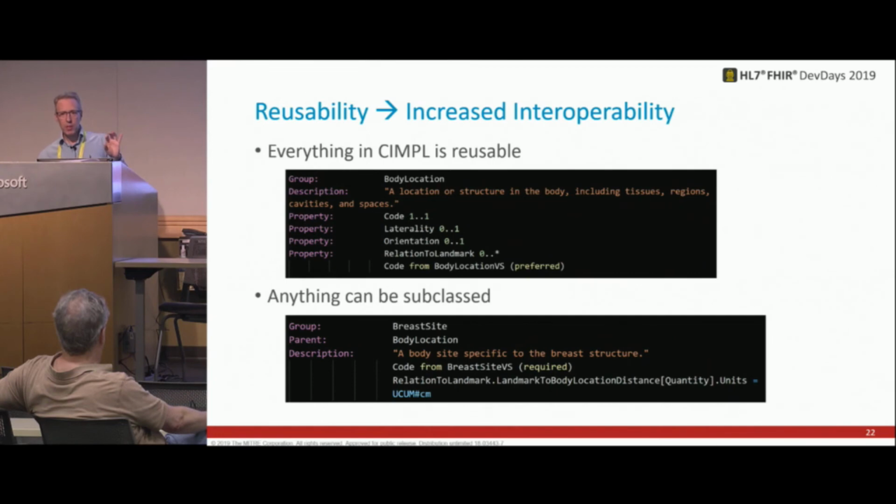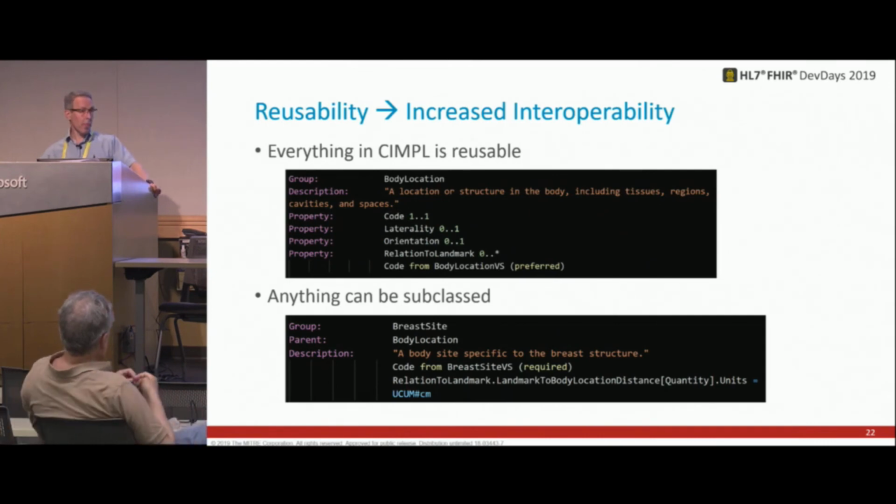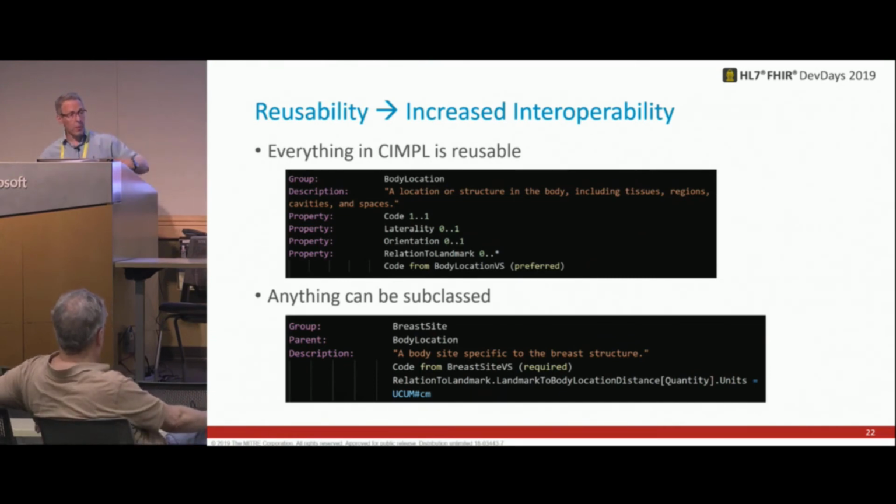So we were doing breast cancer, and we defined a breast site, because there's a particular way that you describe the location of a tumor in breast cancer, which uses clock direction and a landmark from the nipple measuring out. So we specialized the body location class by subclassing, constraining, and extending that body location. So then that's available to everyone who is using CIMPL as a reusable component.